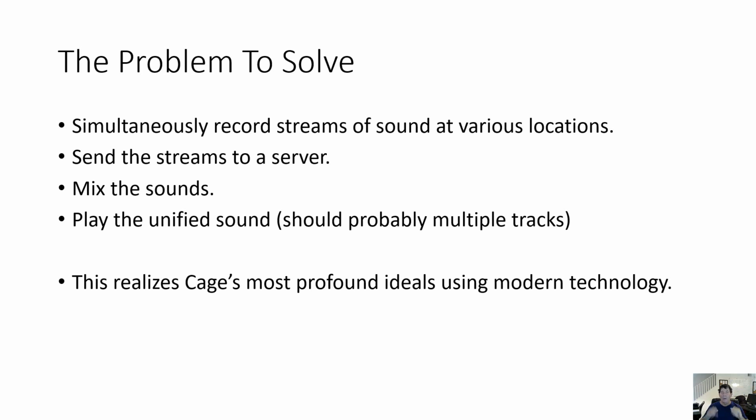The streams then go into the server, and so there's going to be a big server component to this project. And then the server mixes the sounds. How the sounds are mixed is yet to be determined. They could be blended, or they could just be chopped up and take their turn. I'm not really sure. That's to be determined.